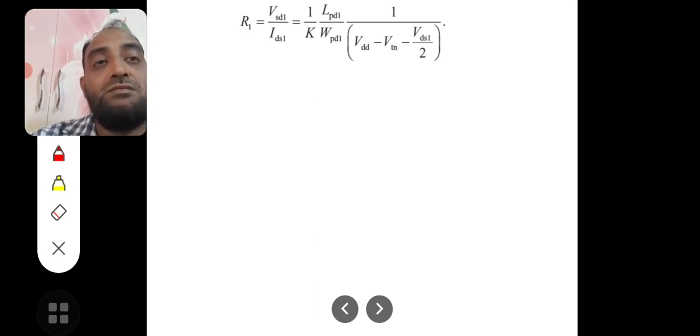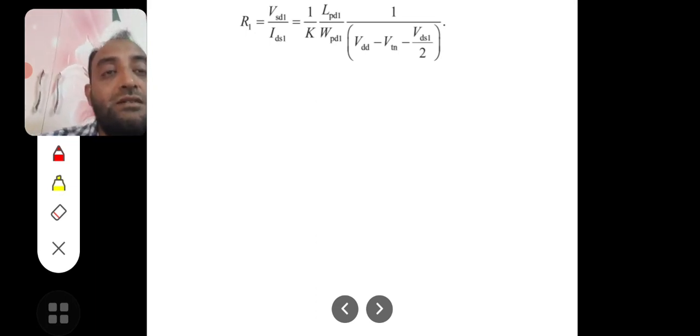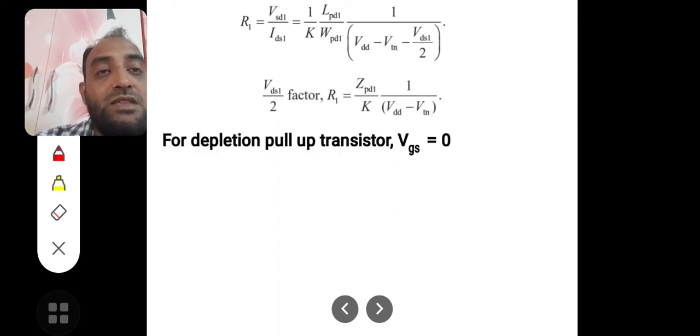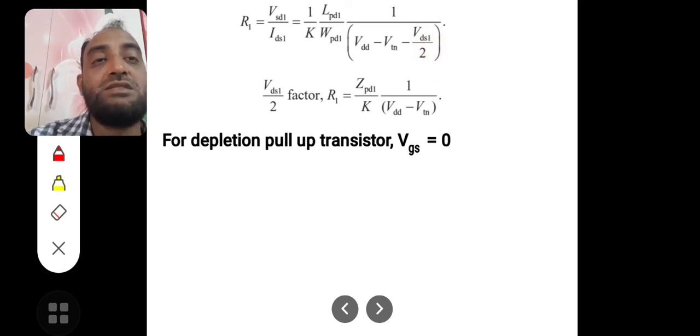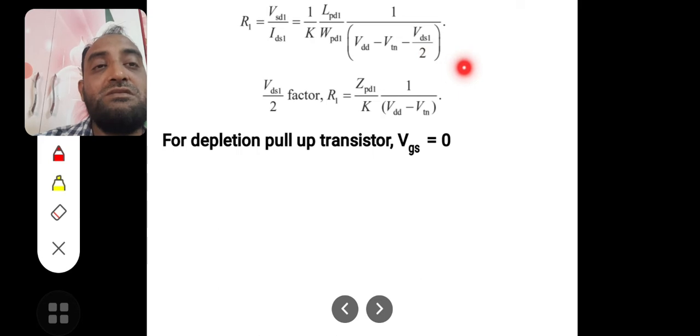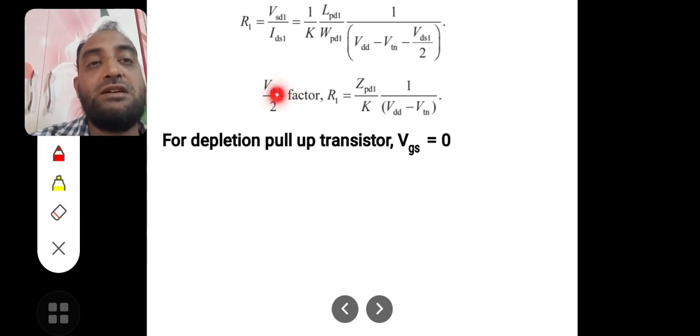By substituting and cancelling, we get VDS by 2 as a factor. Because VDS is small, VDS divided by 2 is even smaller, so neglect that.